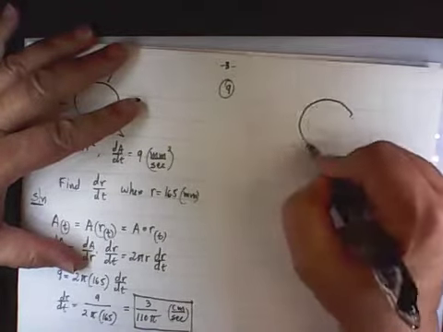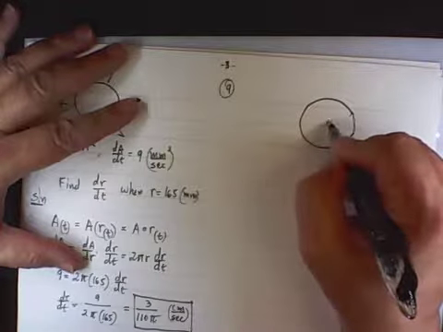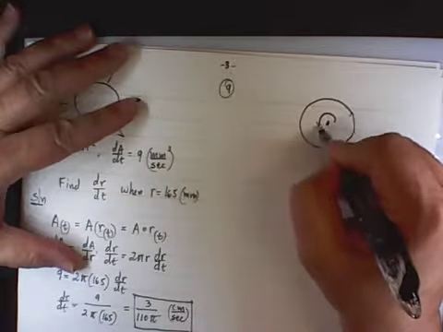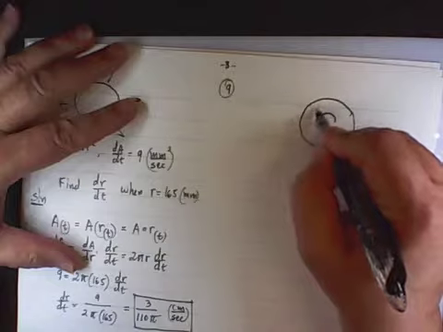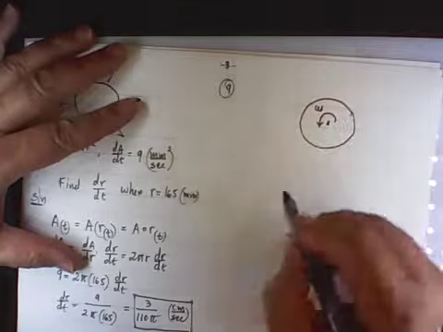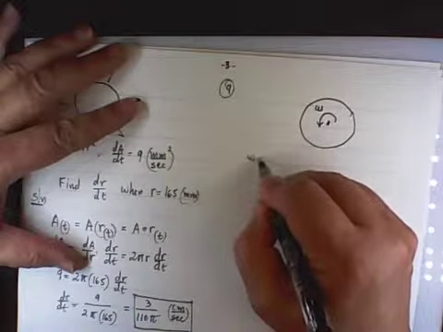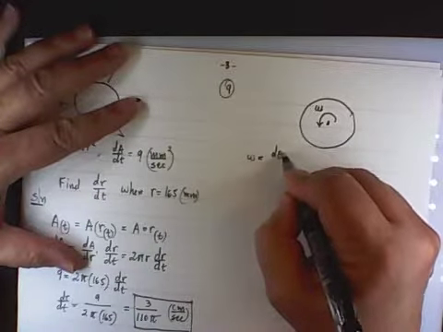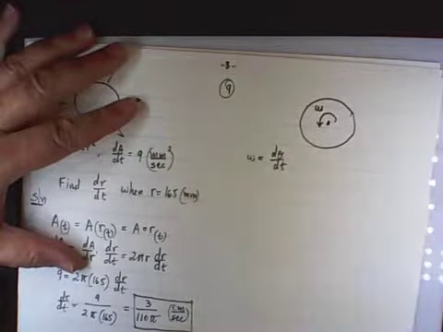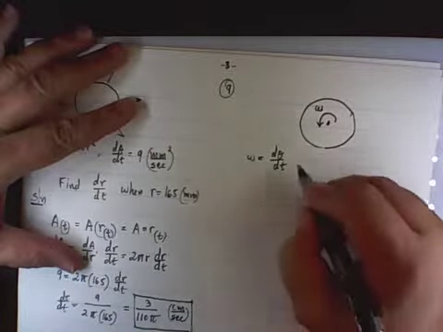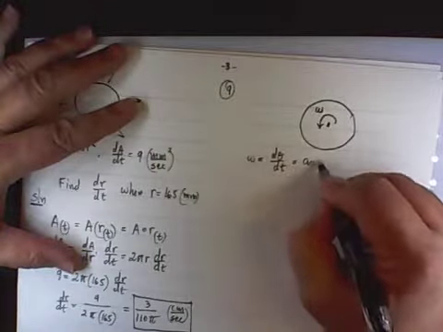So you have a wheel that is rotating, and let's rotate it in the positive direction. It rotates at an omega, and omega, the angular velocity, is d theta/dt, the change of the angle in time. So this is the angular velocity.